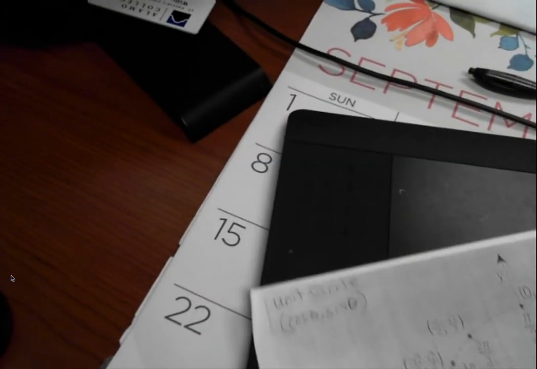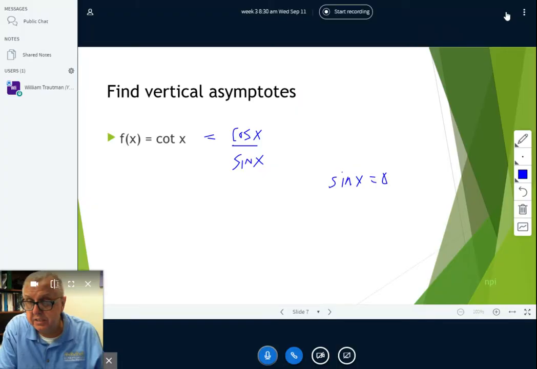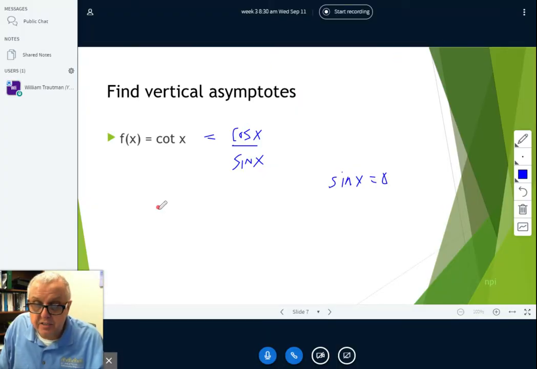Those are all where the cotangent is undefined, or where the asymptote exists. So find the asymptotes. There's one at 0. There's one at pi. There's one at 2 pi.